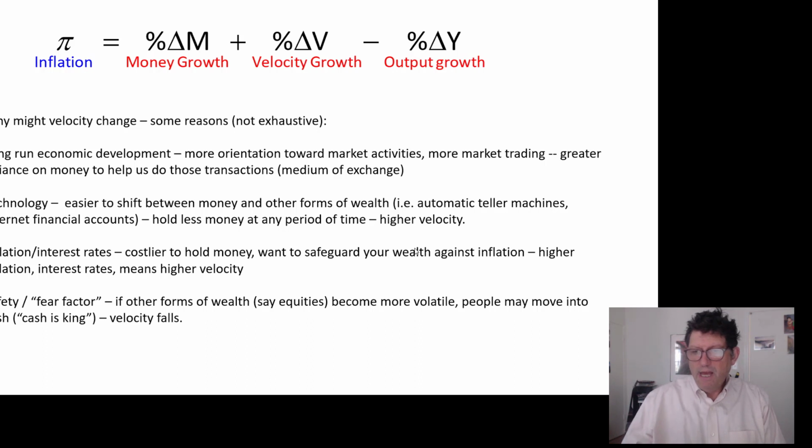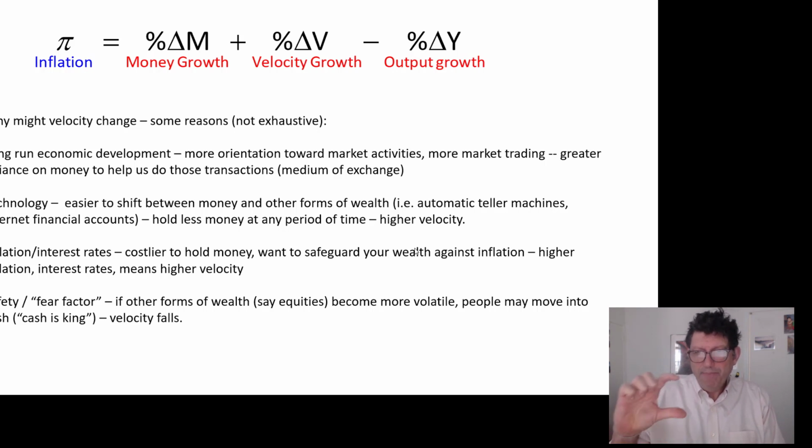In the United States, automatic teller machines have proliferated. They're very easy to come by. There are some countries where I go where they aren't so frequent. But in the United States, if there's going to be an automatic teller everywhere I go, I don't have to carry so much cash in my wallet. So that means the velocity will actually go up.